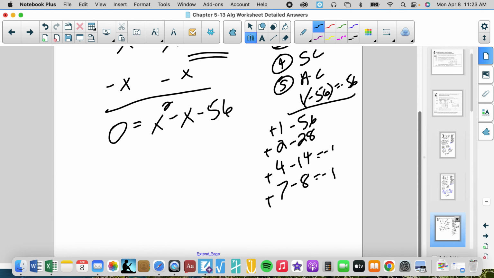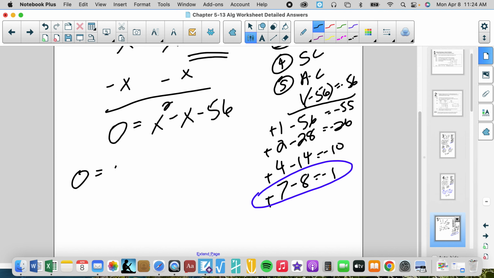Negative 1, negative 10, negative 26, negative 55. My middle is going to be that. So we have 0 equals x squared plus 7x minus 8x minus 56. We're going to factor out an x.